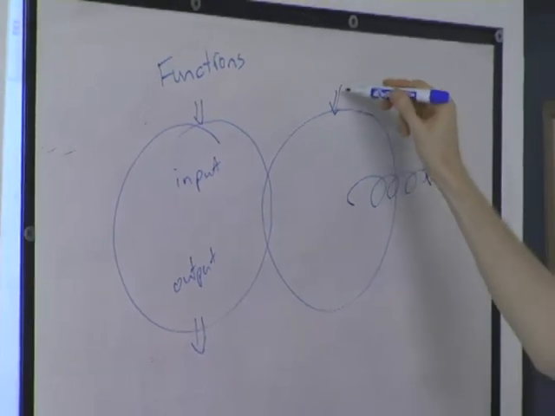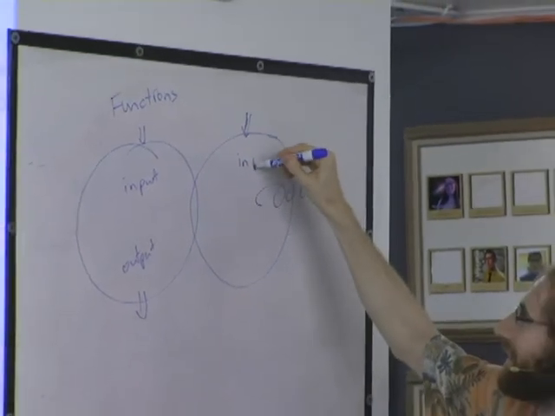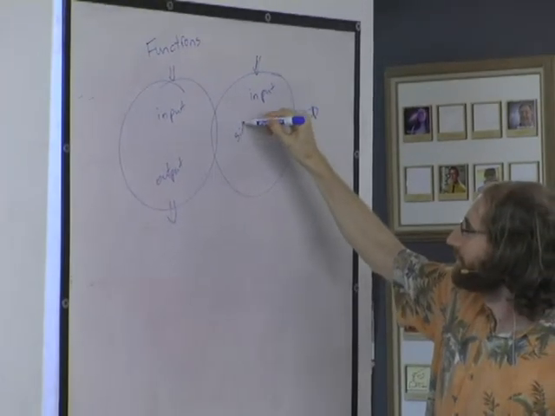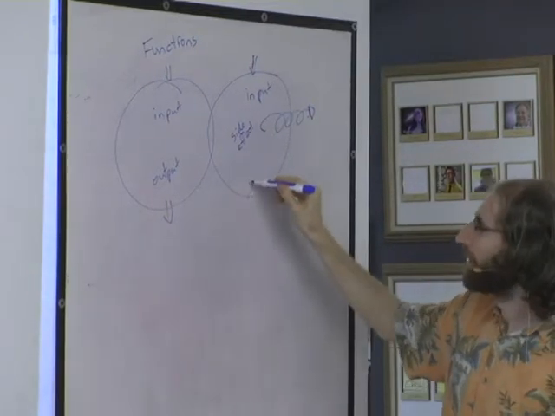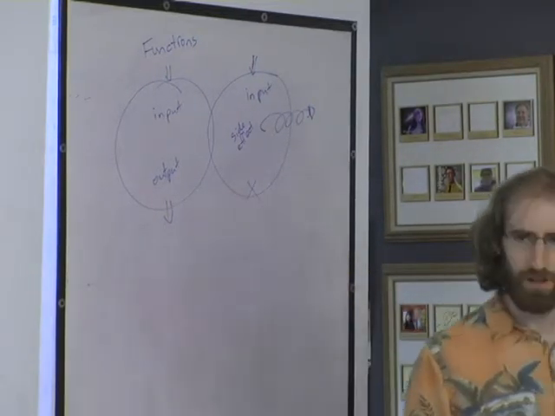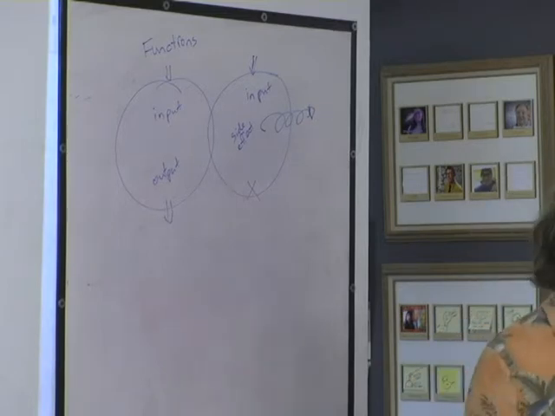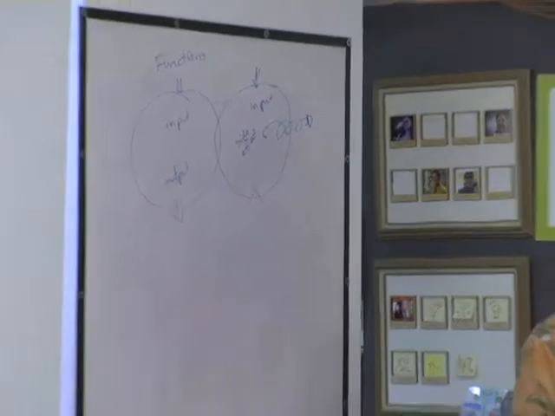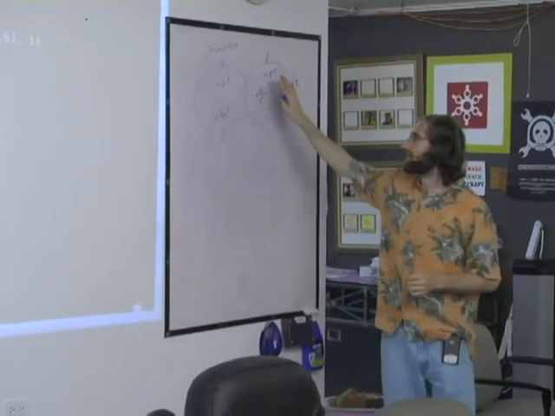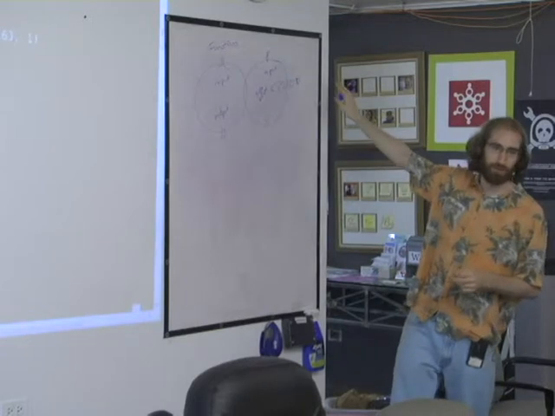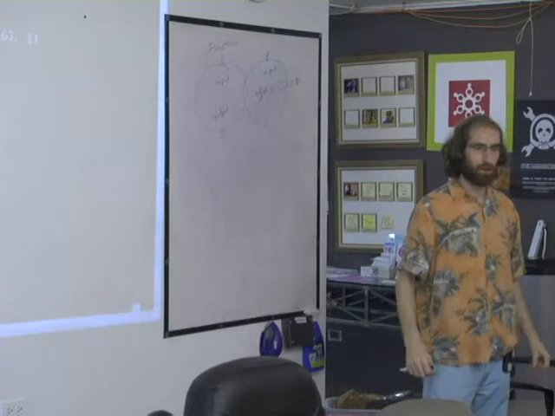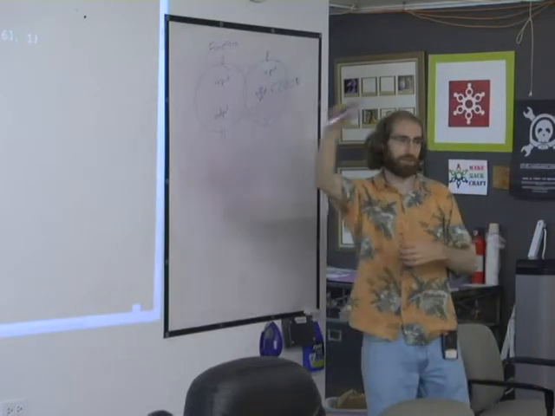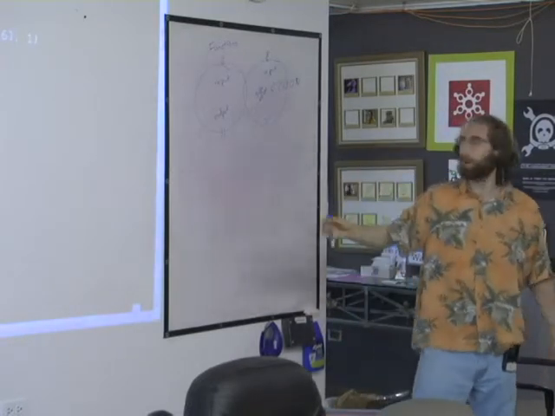In the case that you have input and a side effect, it's very common for there to be no output at all. The canonical example of this is the print statement, or printf, or any kind of print in any language, where it takes input, it prints it out to the screen, but then it returns void, or nothing, or returns none, or just kind of the function ends without using the return keyword at all.